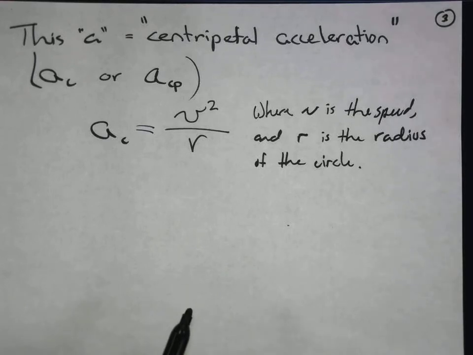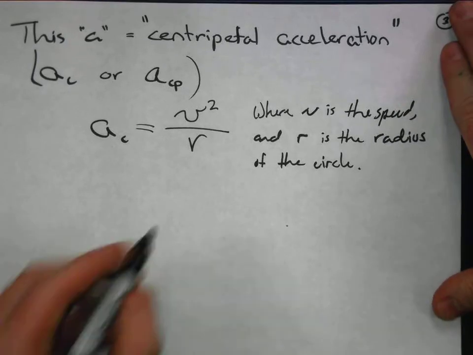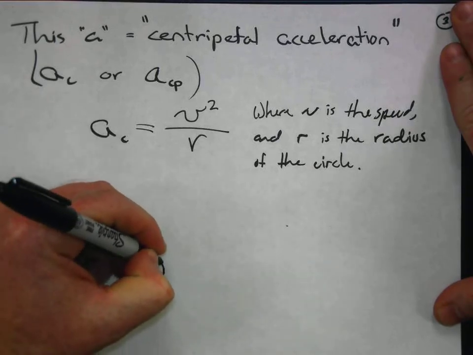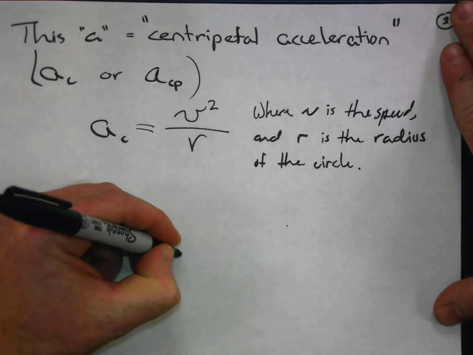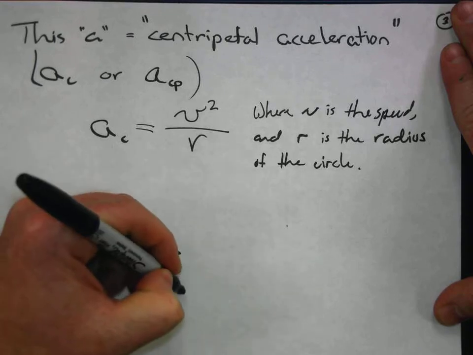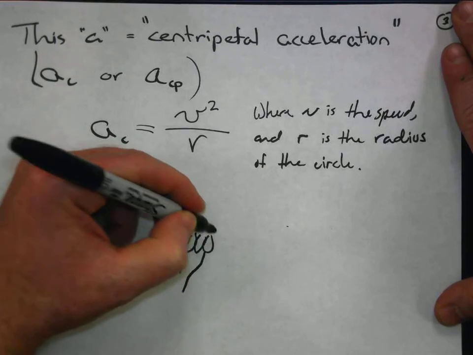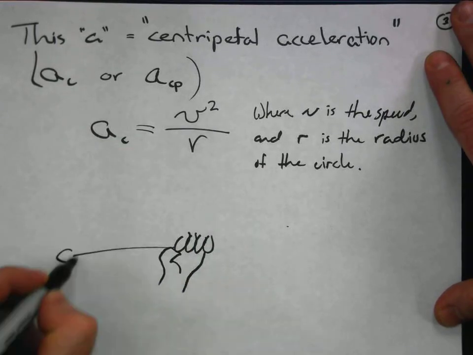Awesome. Well, let's go back and look at that situation with the ball and string. So, quick sketch again. Thumb going, and wrist, hand, fingers. All right. So we're holding on to this ball on a string, twirling it around.